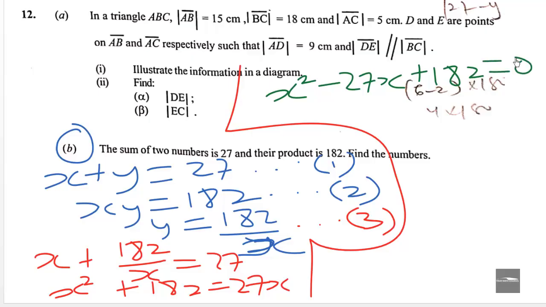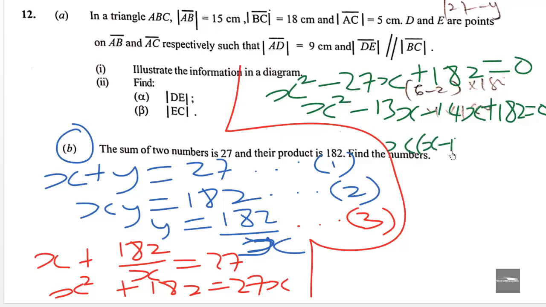equals 0. So we can split the middle term: x squared minus 13x minus 14x plus 182 equals 0. So x into bracket x minus 13, minus 14 out, then we have x minus 13.